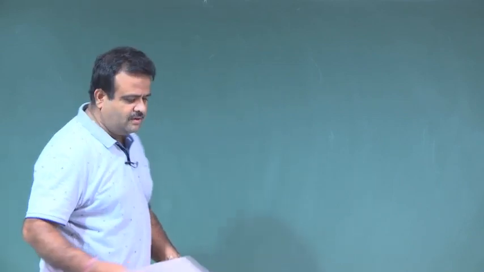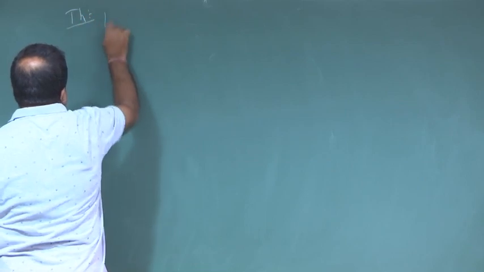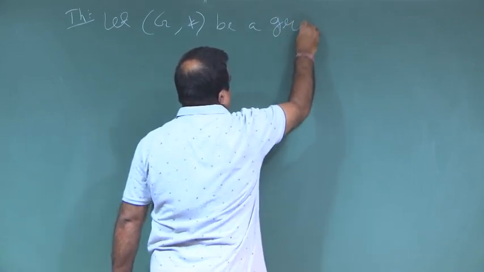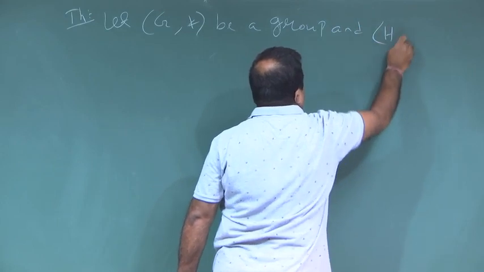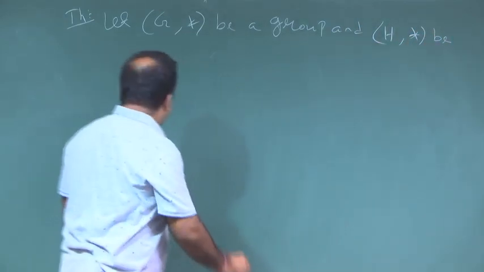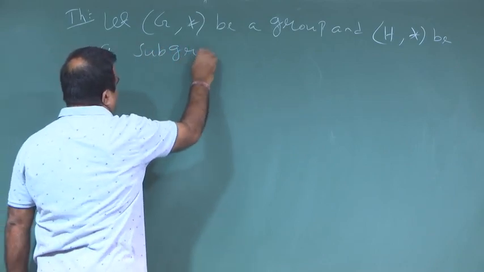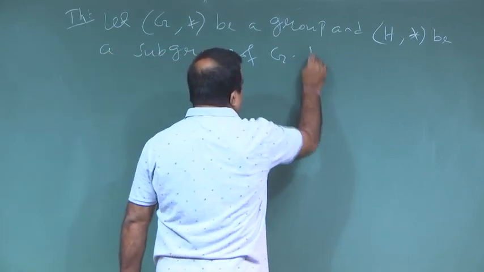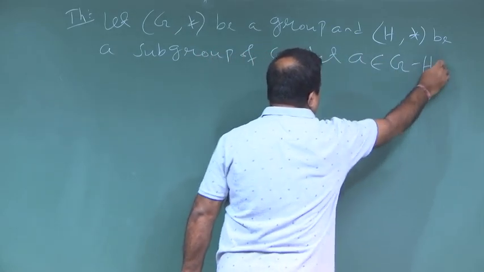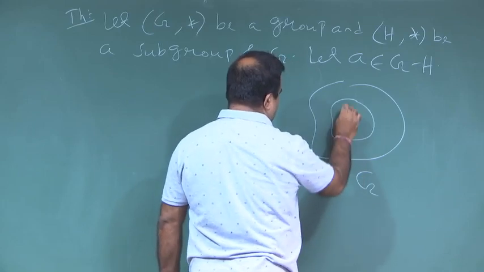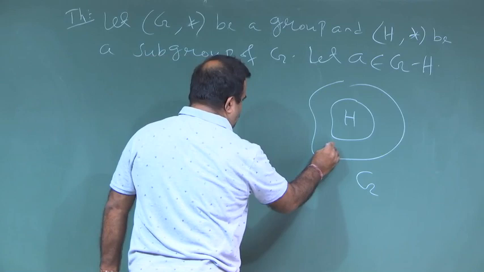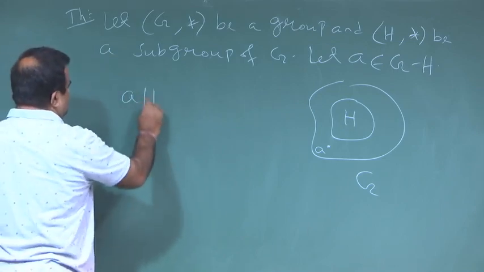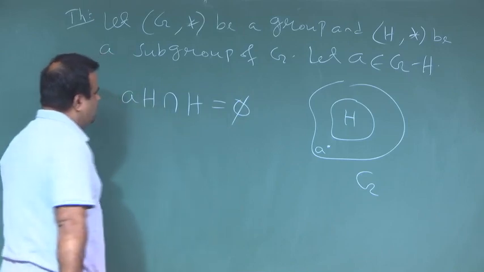So, let us just define this theorem. Let G be a group and H be a subgroup of G. And let a be coming from G minus H. So, this is our G, this is our H. Now, if we choose a outside H, then our claim is aH intersection H is the empty set.